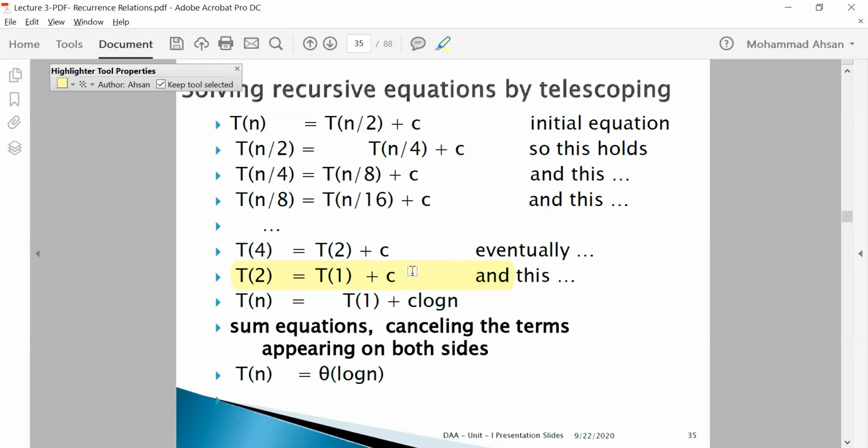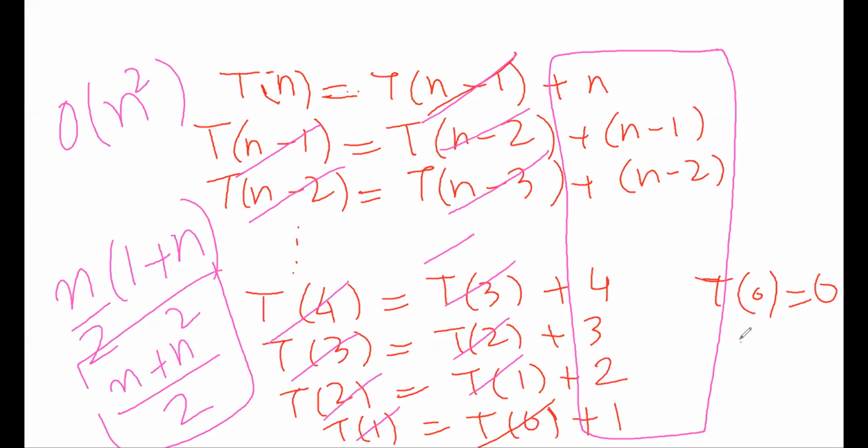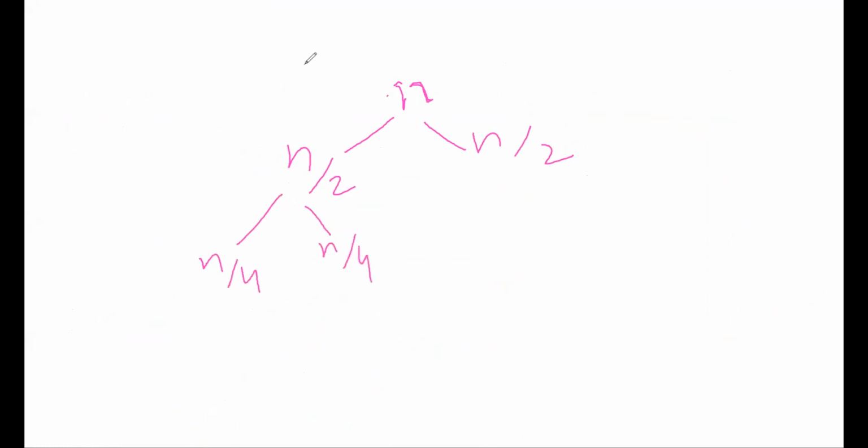So the height, if I draw the same thing, there's the recursion tree method, that's what it does. If I draw the same thing in a recursion tree, you have n gets divided into n by 2 and n by 2, n by 4, n by 4, like this.